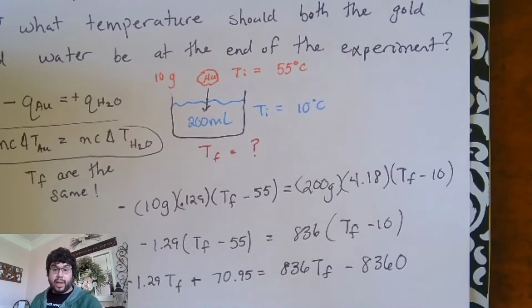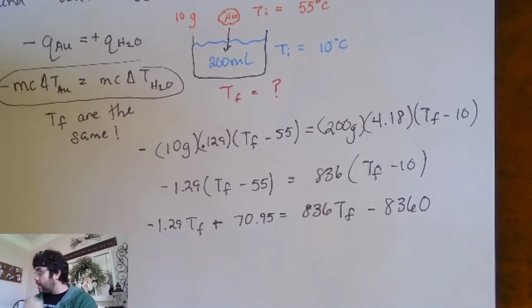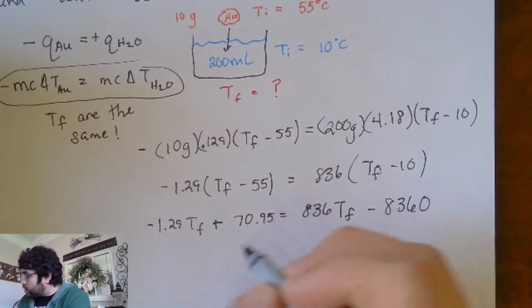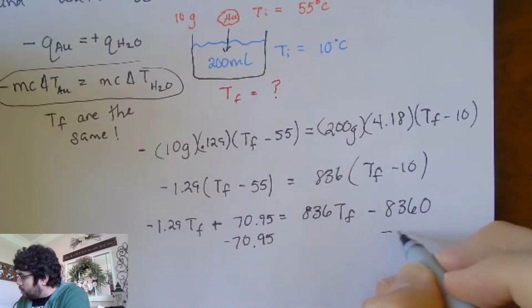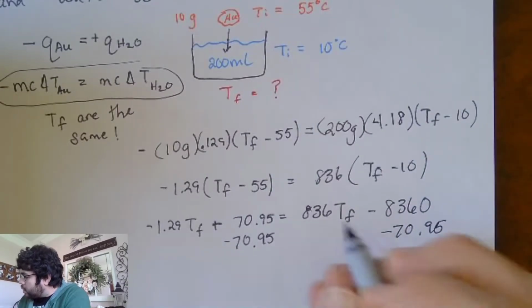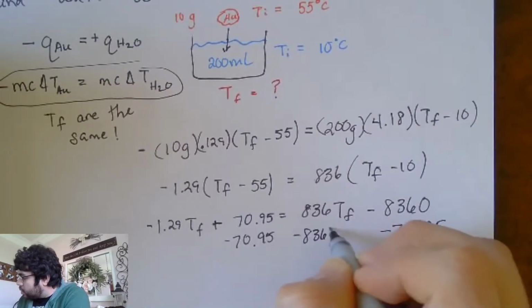All right, let's go ahead and get everything on one side that we want. So I'm going to do minus 70.95 over here. And I'm going to subtract 8360 over here.